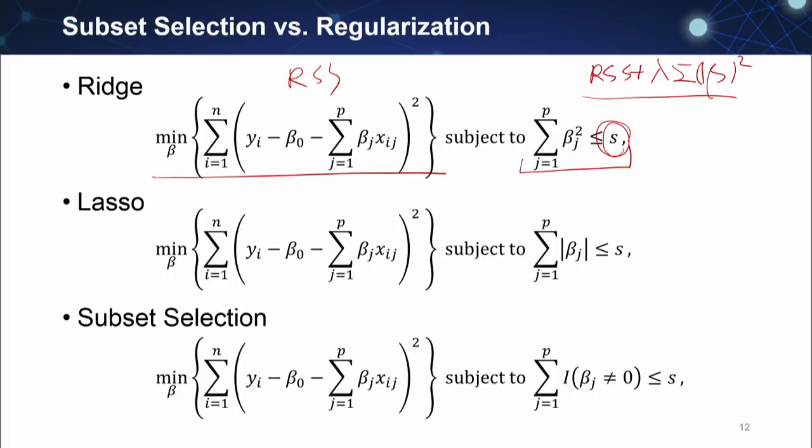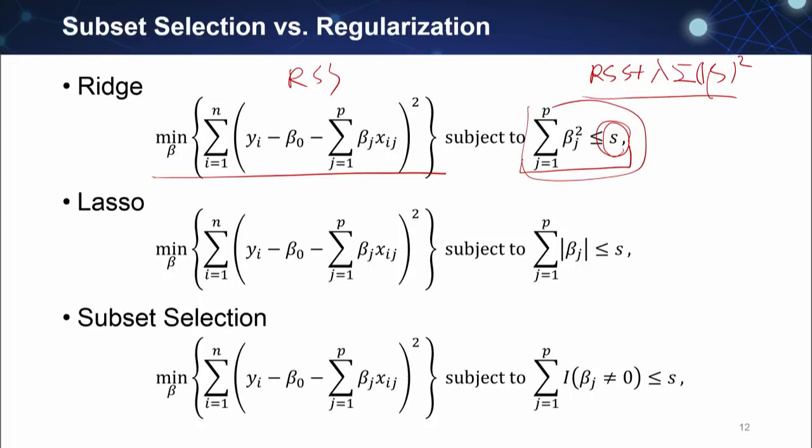In order to show two optimization problems are equivalent, we need some careful thought. But intuitively, you can see they share the same idea. The optimization with a constraint also prevents betas being too large, because of this constraint.